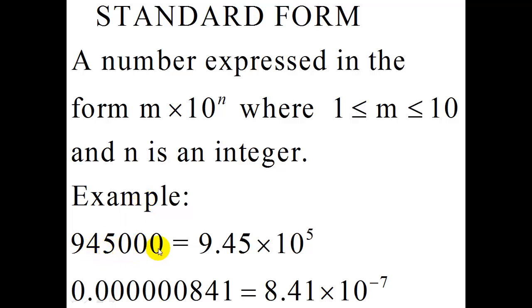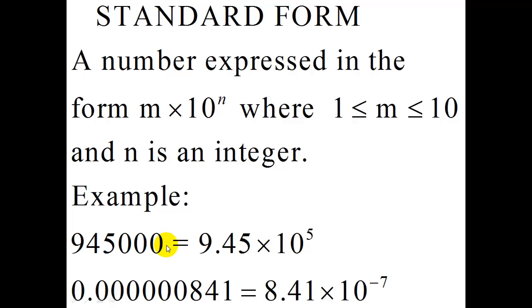945000. Now for every whole number, the decimal point is after the last digit. So with 945000, the decimal point is after the last 0. That means the decimal point is here.